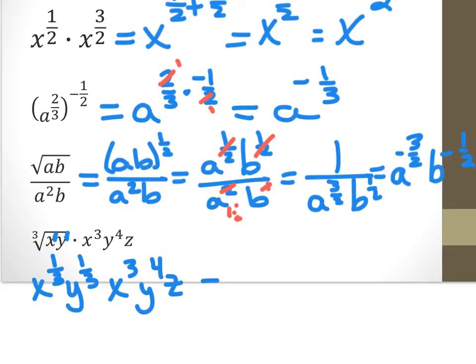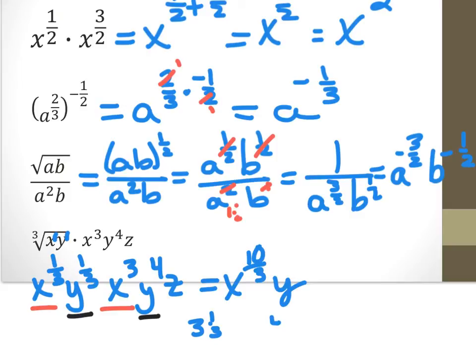We are going to use our exponent addition rule, so we have two x's. So that's x to the 3 plus 1/3. 3 plus 1/3 gives us 10 over 3. Just looks better than a mixed number in the exponent. For y's, we have a 1/3 and 4, and so that gives y to the 4 1/3. So 12 plus 1 is 13, 13 over 3. And the z, there's only one of them.